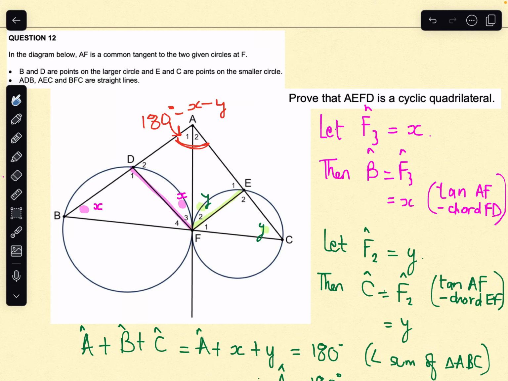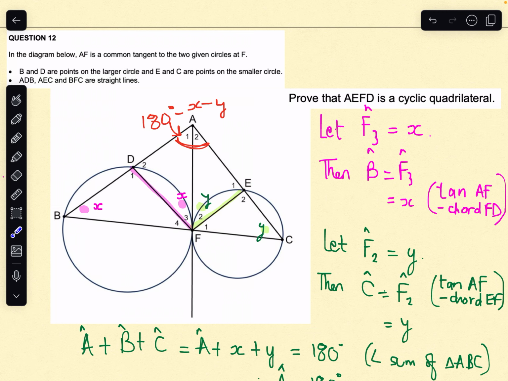Just looking at the memo to make sure that I am not telling lies. So let's see what the memo says. In triangle ABC, BAC, so this angle plus B plus C is equal to 180 degrees because of angle sum of a triangle. Then they say F3 is equal to B and F2 is equal to C, both because of tan chord.